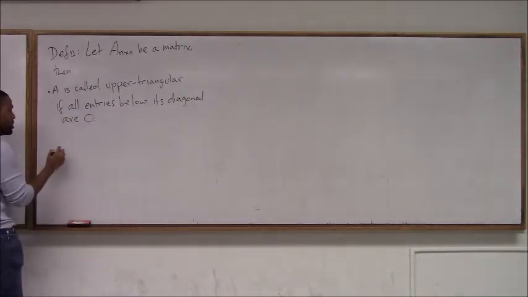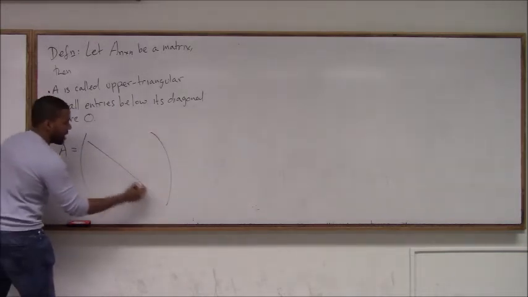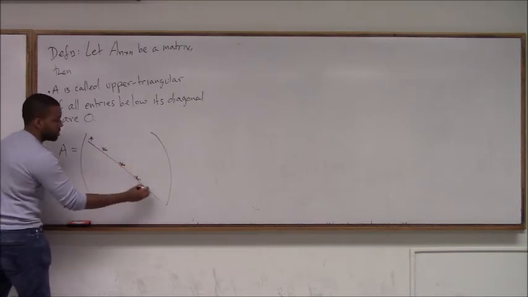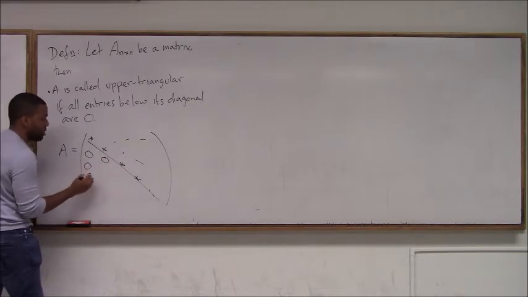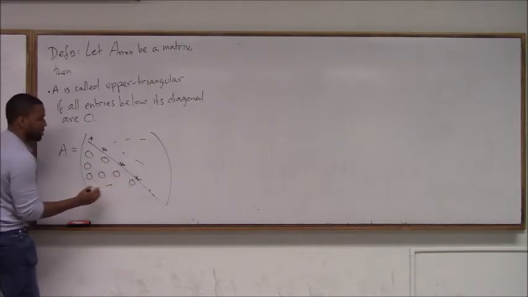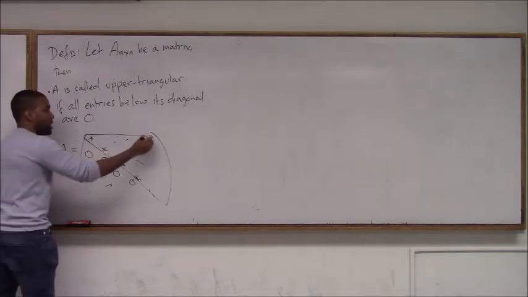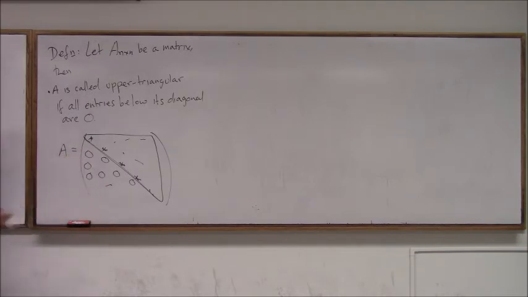Basically that's a matrix where here's the main diagonal. There can be any numbers here, and these can be any numbers, but you have to have all zeros down here. That's called an upper triangular matrix. The non-zero numbers are only in this upper triangle, but there are zeros everywhere below it.